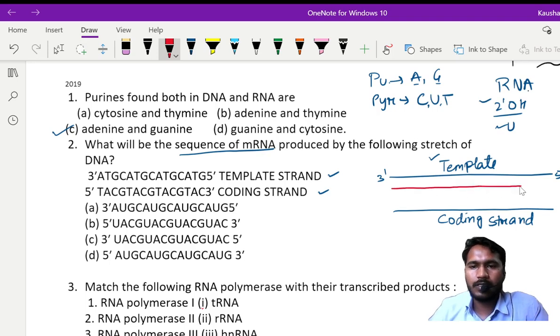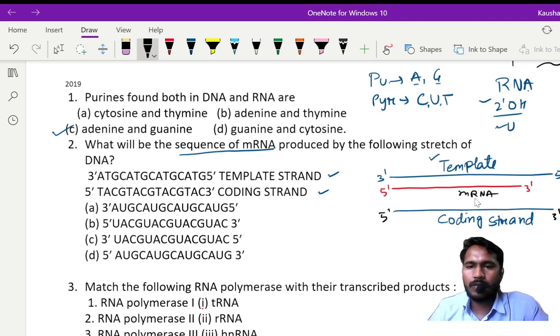One more similarity, if you observe properly: the coding strand is also 5 prime to 3 prime, and the mRNA is also 5 prime to 3 prime. What do you think? Will these be similar or different?